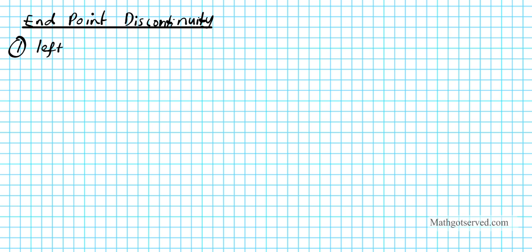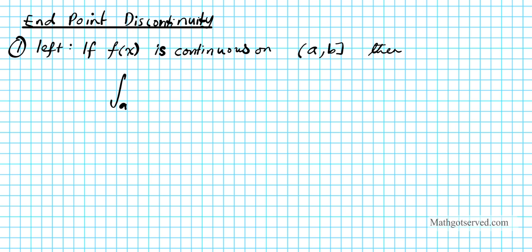So on the left side, if the function f of x is continuous on an interval (a, b], then the integral from a to b of f of x dx equals the limit.